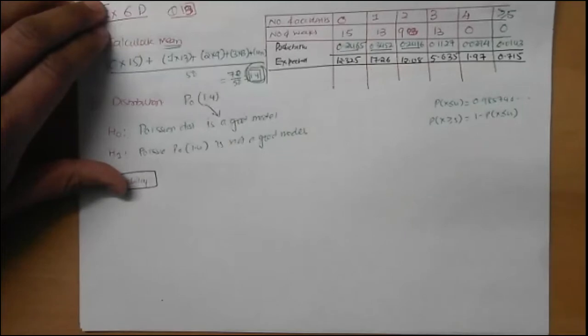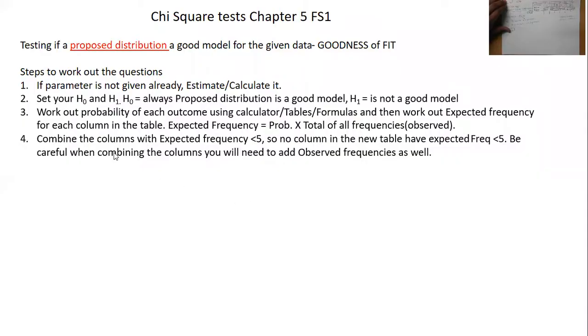What do we do in the next step is this. So guys, step number 4 is combine the columns with the expected frequency less than 5. So no column in the new table will have expected frequency less than 5. Okay, be careful while combining the columns. You will need to add observed frequencies as well. Okay, this is really important.